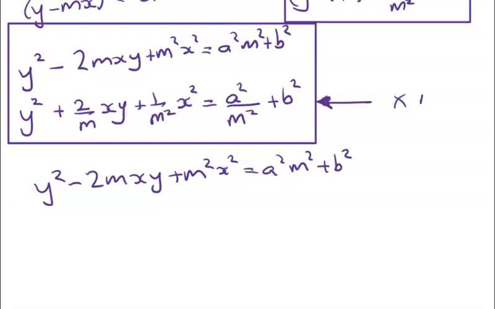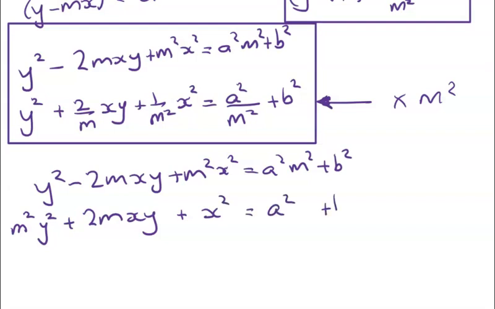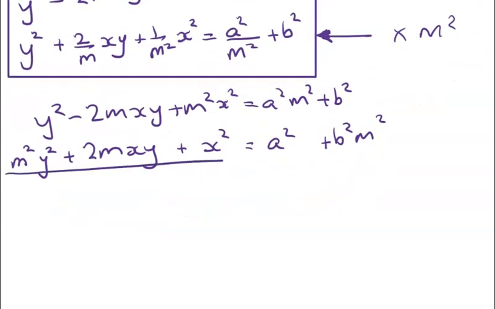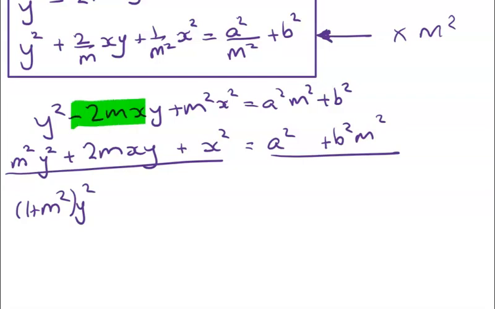I'm going to times both sides through by m squared, and I get m squared y squared plus 2mxy, which should be the moment of great happiness, plus x squared is equal to a squared plus b squared m squared. Now, if you look at that and just think back to level 1 simultaneous equations, if we add the two things, we get 1 plus m squared y squared. Very happily, when we add these, the xy terms go away.